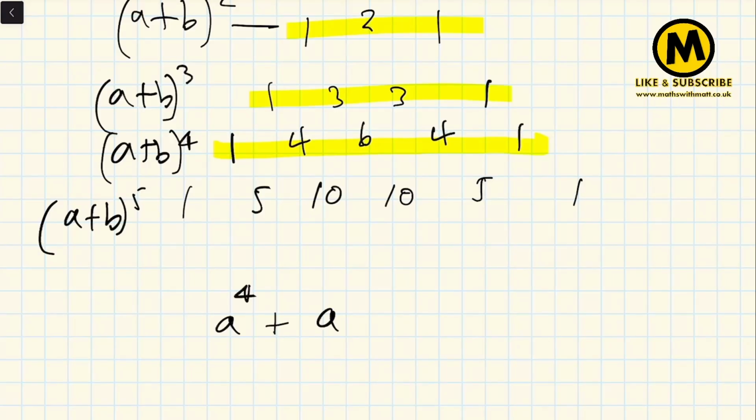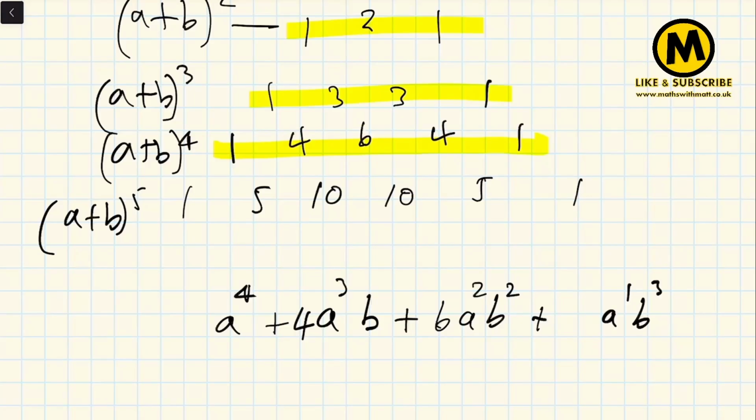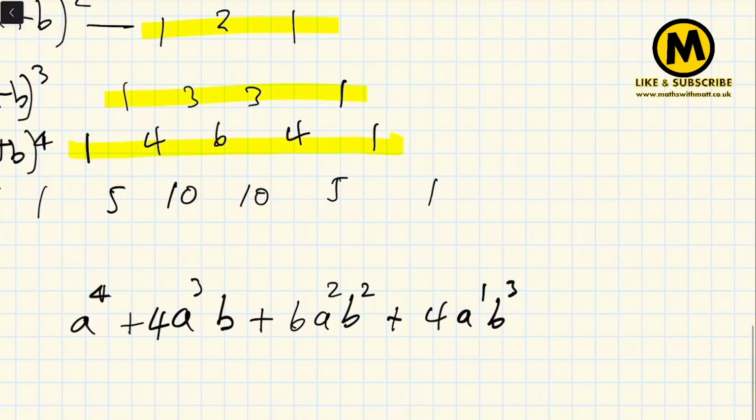Plus, we knock 1 off the power of a, add 1 to the power of b, introduce the next coefficient. Plus, we knock 1 off the power of a, add 1 to the power of b, bring in the coefficient. Then we knock 1 off the power of a, add 1 to the power of b, bring in the coefficient. Finally, we knock 1 off the power of a, add 1 to the power of b, bring in the coefficient.